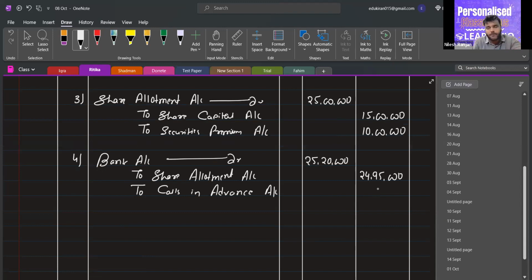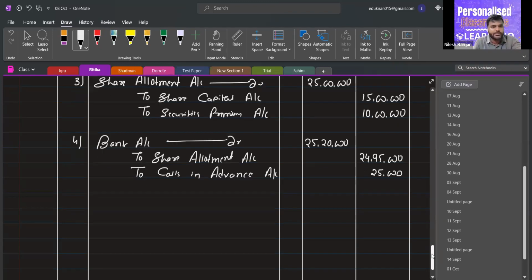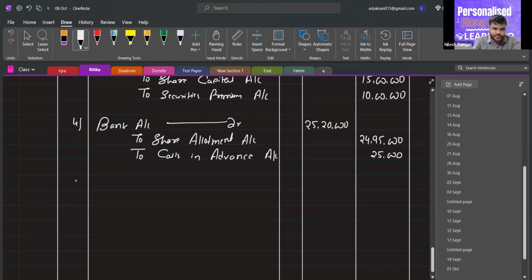And the balance 25,000 is our calls in advance. Now it is easy to write the entry after calculation, or not? It is easy, sir. Yes, but when we don't do the calculation and we start preparing the journal, then we will see that there are some difficulties because we are not able to calculate the amount properly. Yes, sir.